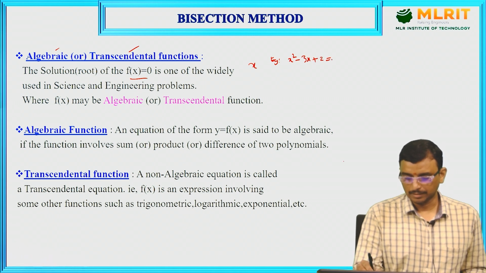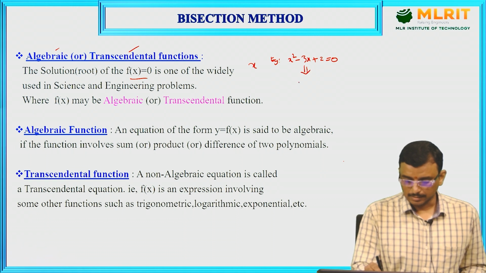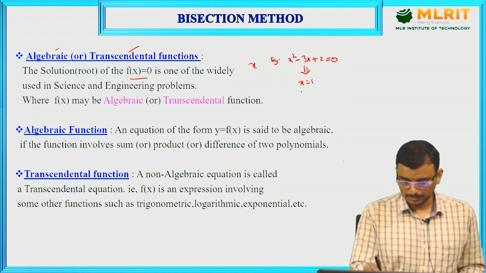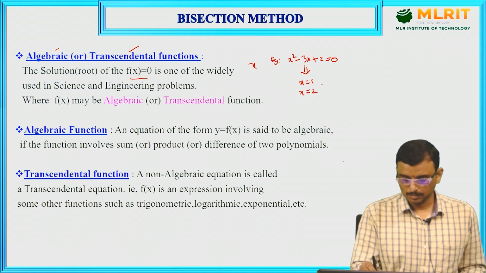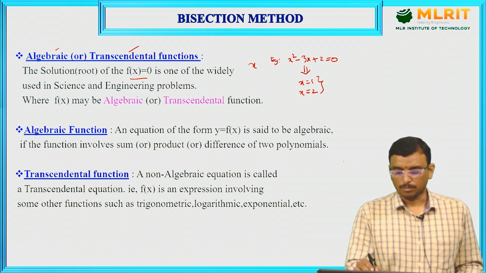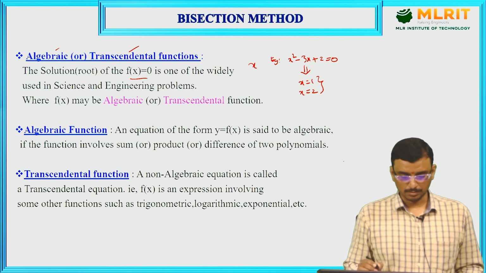This is my equation. If I substitute x is equal to 1, the answer will be 0. If I substitute x is equal to 2, also the answer will be 0.